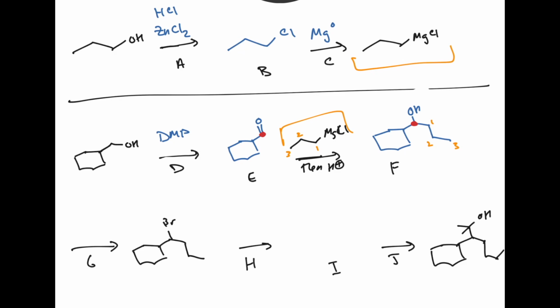Ah, excellent. So the problem with HBr here is that HBr goes through a carbocation, right? So that can lead to rearrangement. So if you were to use HBr, you would make that bromide because you would protonate your alcohol.